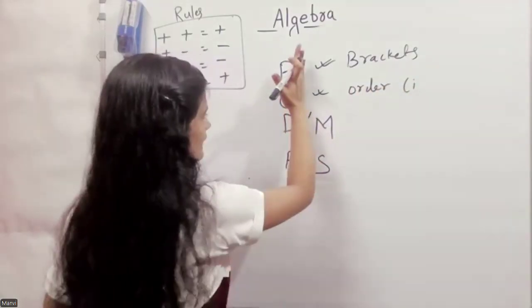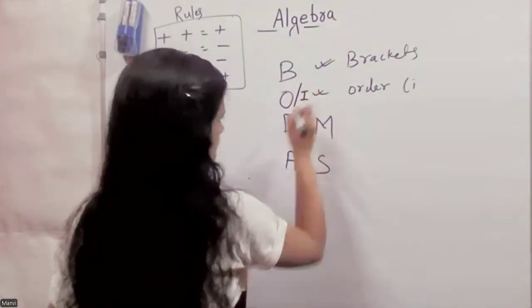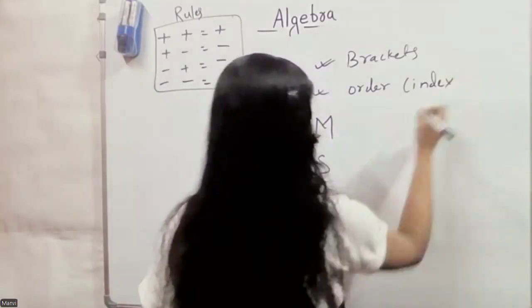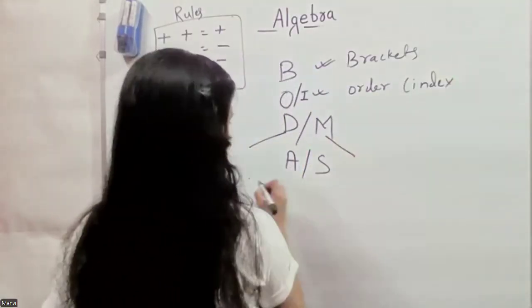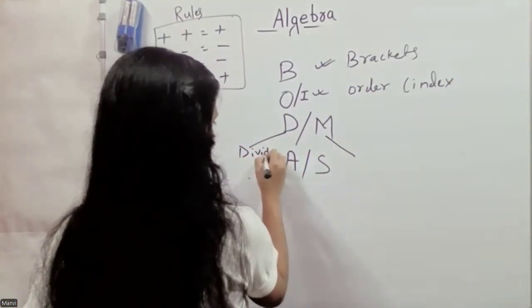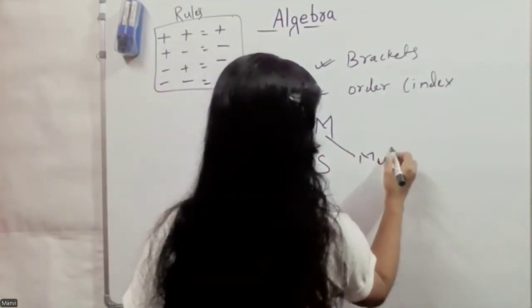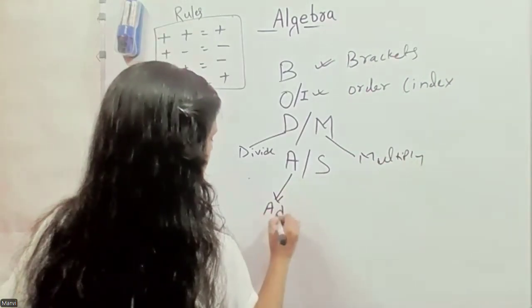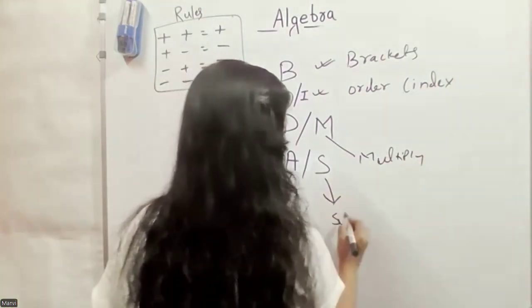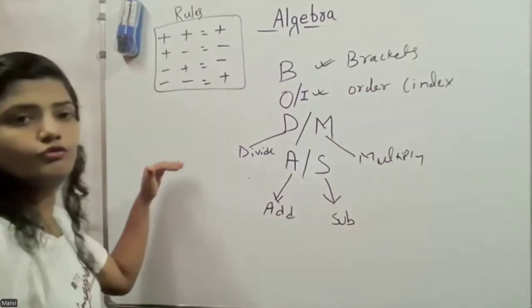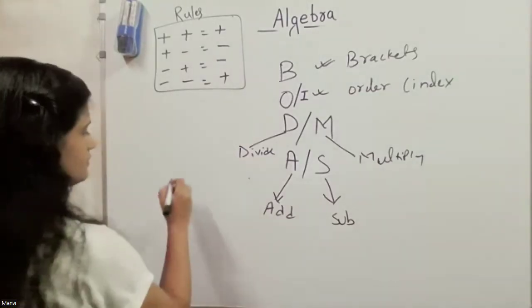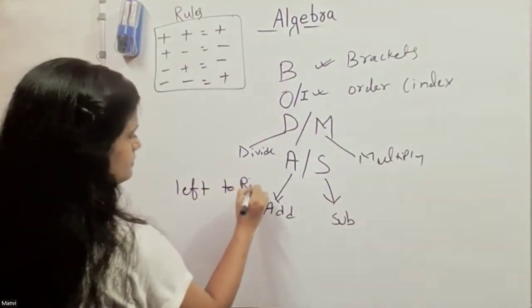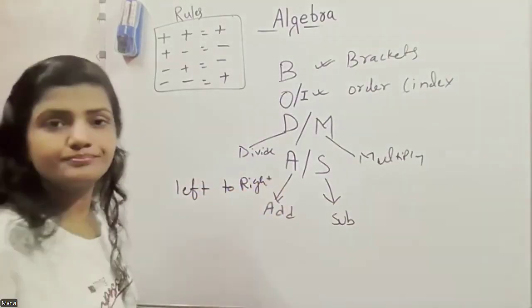So here this is either O or I. So this division and multiplication both have the same priority. And for this addition, subtraction also, both have the same priority. So always go from left to right. Always left to right. Okay.